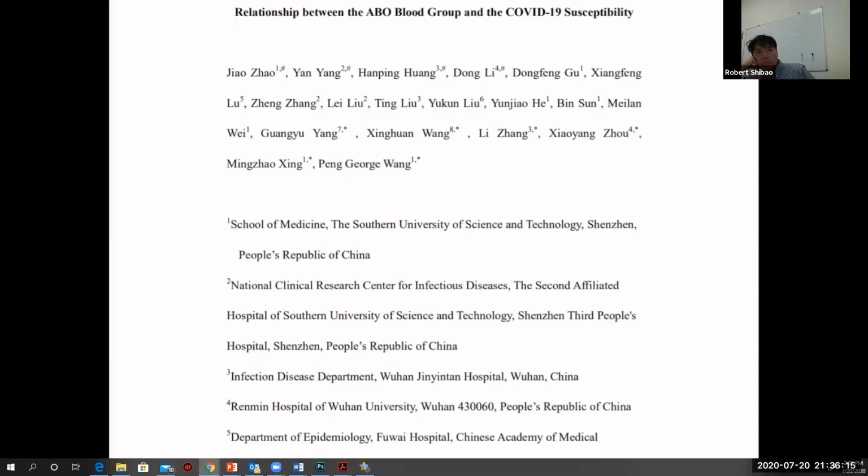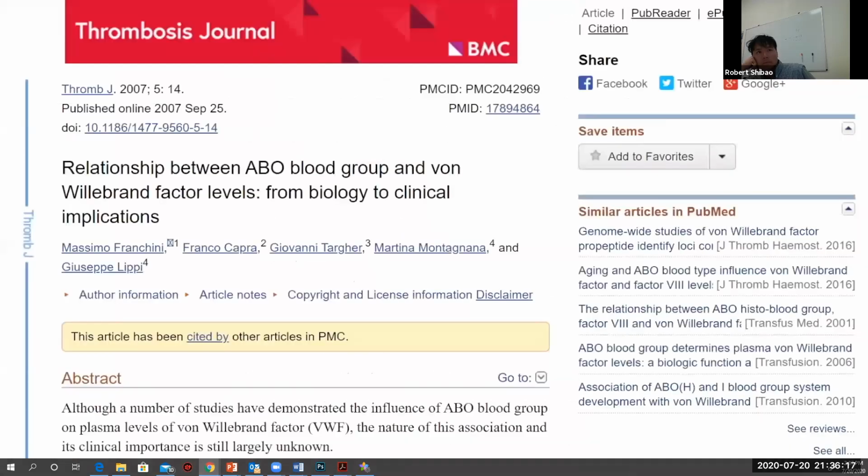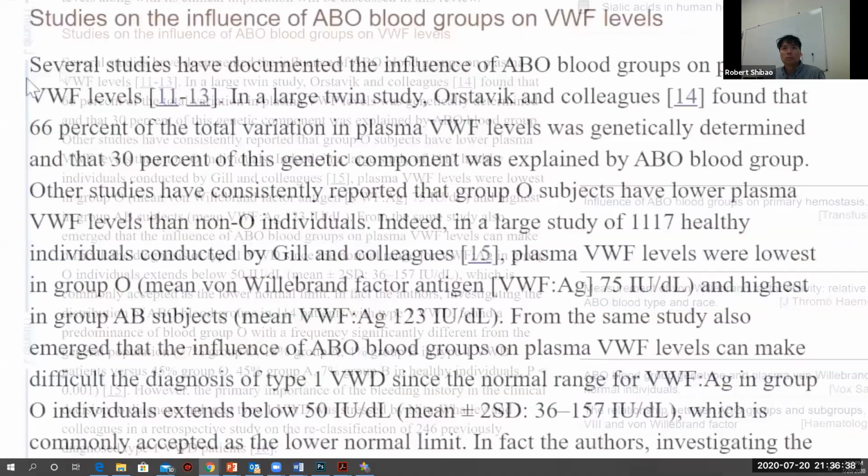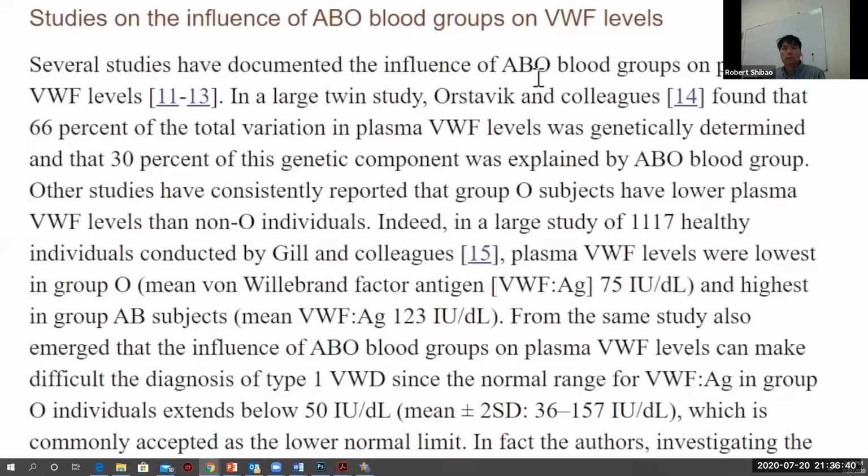But what I find really interesting is this peer-reviewed article from 2007, which clearly shows that there are a number of relationships between ABO blood group and von Willebrand factor levels. Yes, the same von Willebrand factor levels that we say might be tied in to our hypothesis. In the article, it states very specifically that several studies have documented the influence of ABO blood groups on plasma von Willebrand factor levels.